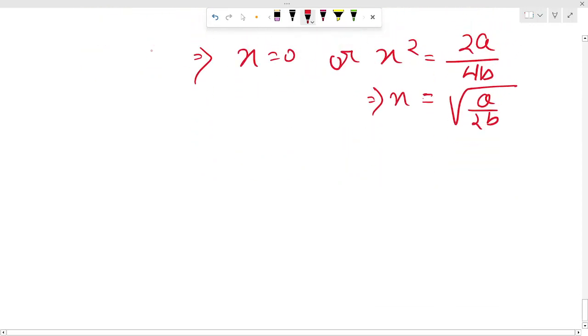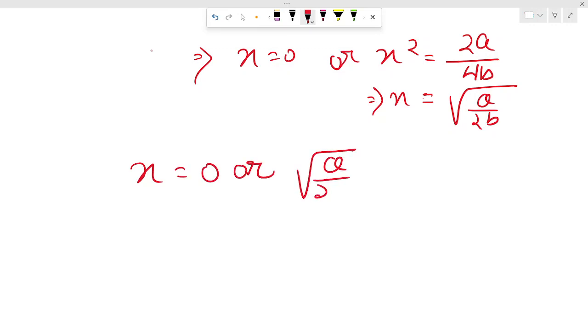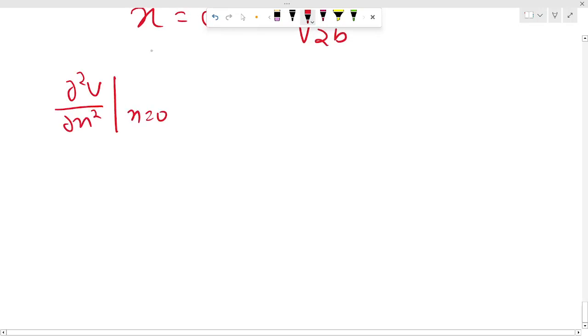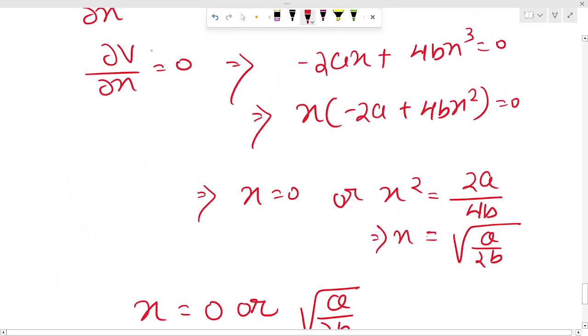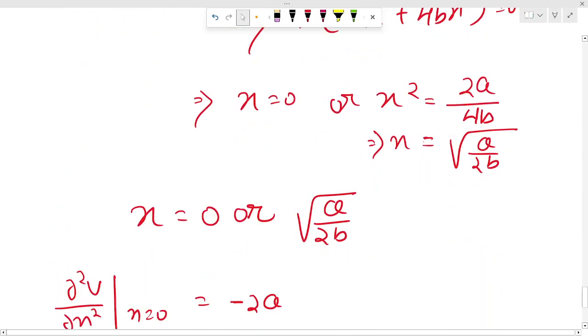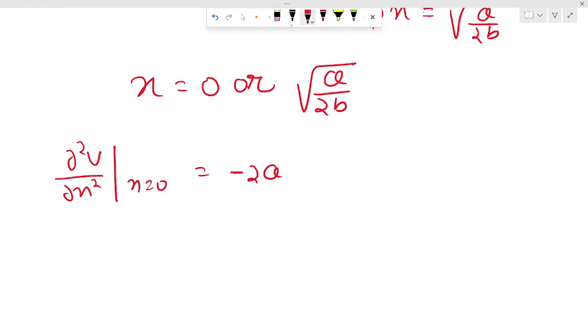So there are 2 points. You got two values of x: x is equal to 0 or x as root over a upon 2b, okay? Let me find out the del square V upon del x square for both the points. As x is equal to 0, that will become your minus 2a, okay?